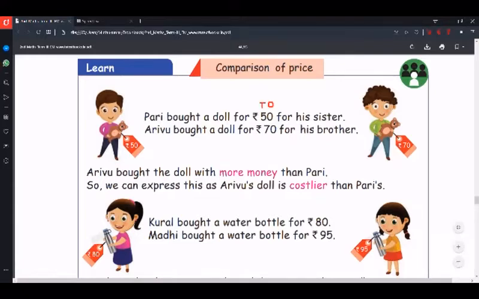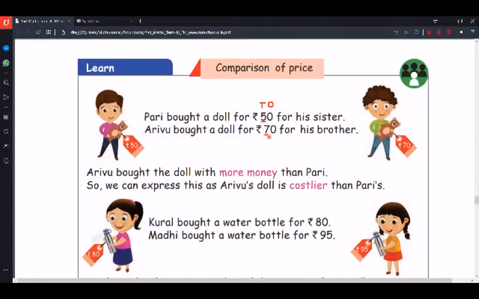For 70, it is 7 tens. Isn't it? How many tens? 7 tens. Okay. Pari bought a doll for rupees 50, that is 5 tens, for his sister. Arivu bought a doll for rupees 70 for his brother. That is 7 tens. Okay.